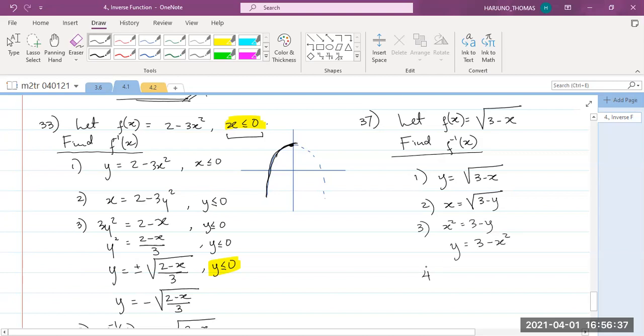Now, the problem is, you may say this is your inverse function, but something is not right here. The inverse, if it is a function, has to be one-to-one, and this is not one-to-one.